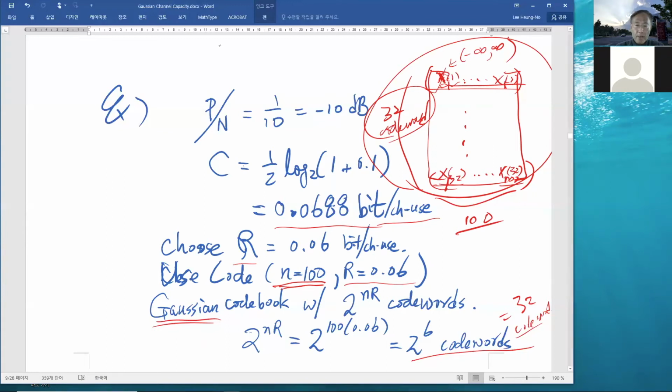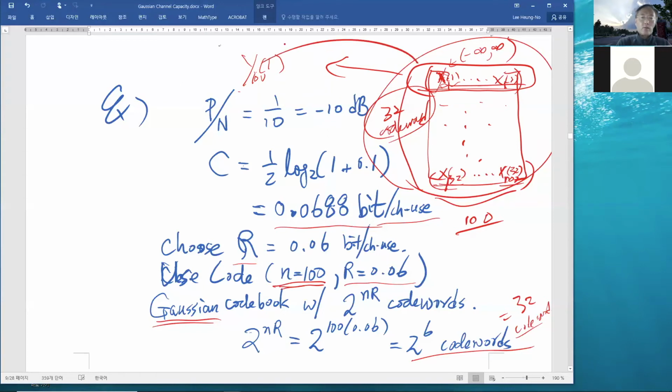Basically, you can condition upon sending the first code word, and then select the other code words randomly later on, after you have sent the first code word over the channel and received Y. These two should be jointly typical, and all the other code words are not jointly typical with this.